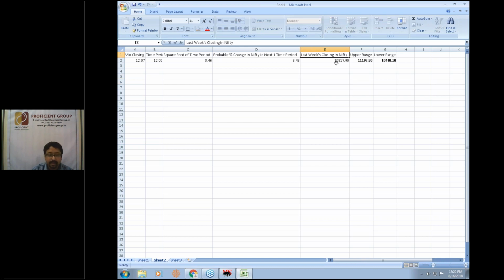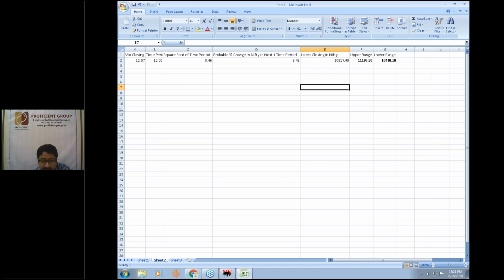Let me change the latest closing in Nifty. Latest closing in Nifty is 10,870. So in spite of the VIX value not rising, since the time period is rising and the square root of time period is rising, we are getting the upper range at a higher value and the lower range at a lower value.